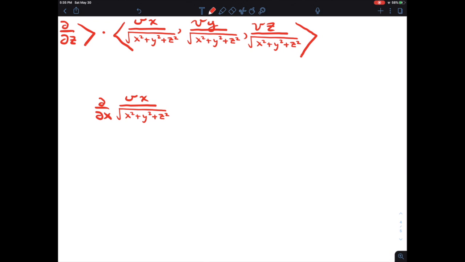So the derivative of the top is just going to be v times the bottom, which is the square root of x squared plus y squared plus z squared, minus the derivative of the bottom. The derivative of the bottom is going to have a 1 over 2 square root of x squared plus y squared plus z squared.